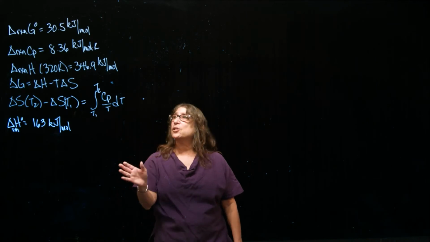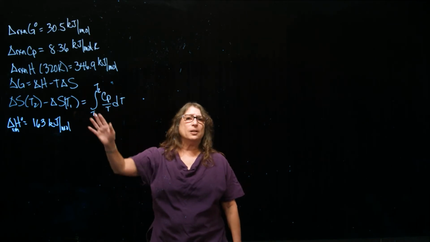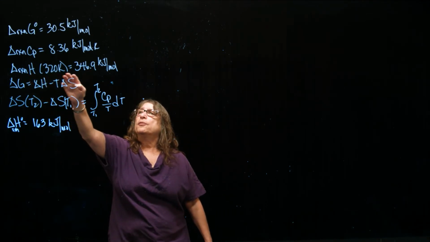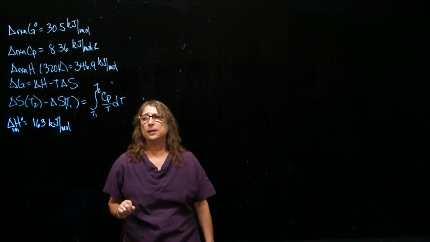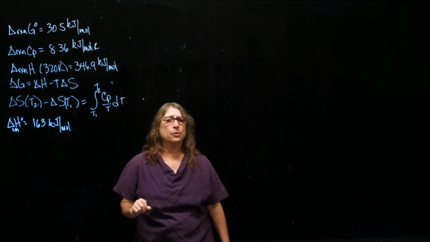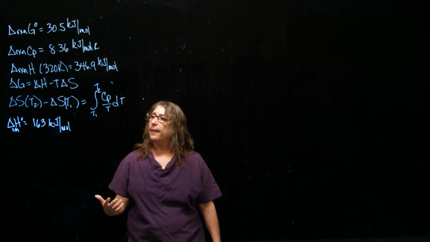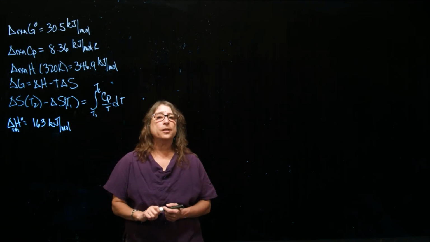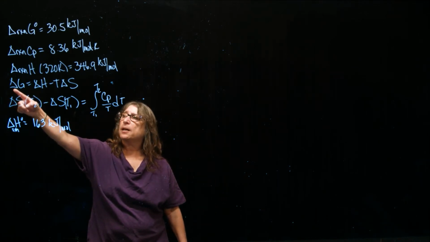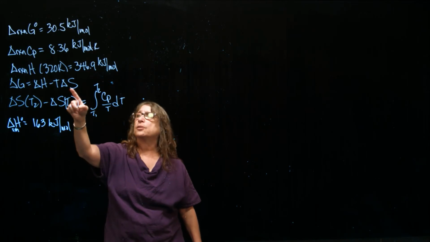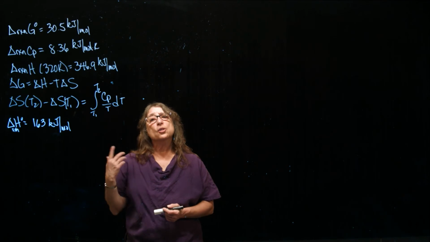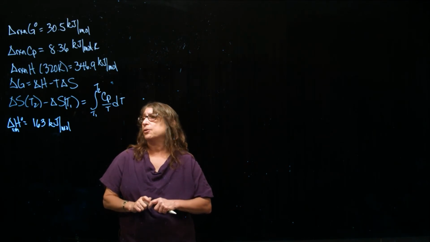We're back. I've erased the board, rearranged the information that we knew earlier. So I found the enthalpy of reaction at 320 Kelvin, but now I need the entropy of reaction at 320 Kelvin. And in order to find that, I first need the entropy under standard conditions. But I can get that because I know the Gibbs energy and the enthalpy under standard conditions. The standard temperature is 298 Kelvin, so I can get the entropy under standard conditions.